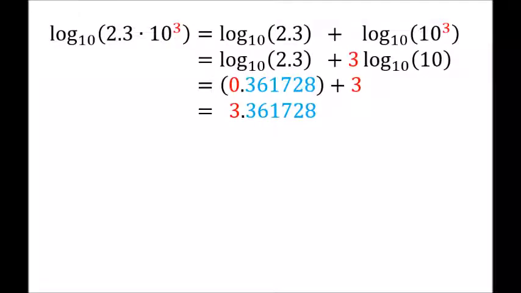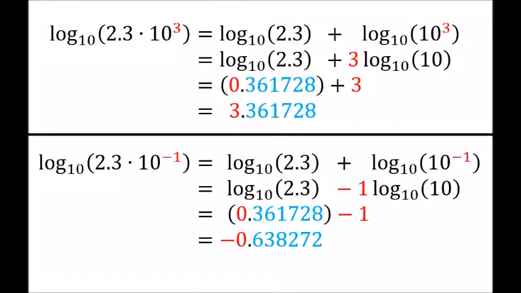So we are simply adding an integer, 3 in this particular case, to the left of the decimal. Very simple. It might look different at first glance, but the same rule applies to negative powers of 10. In the case of negative 1, we simply subtract 1 from the log of 2.3. That is approximately negative 0.638.